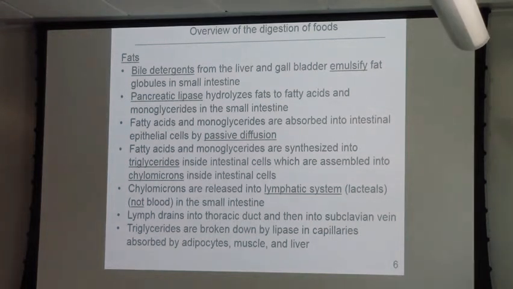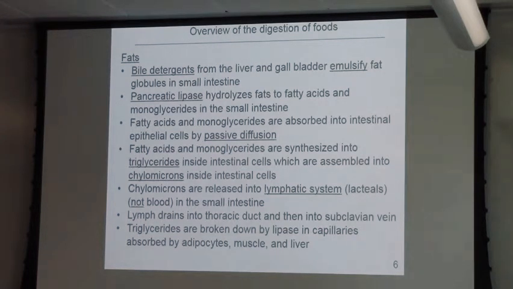You take a glob of Crisco and you eat it. Your mouth breaks it up mechanically but doesn't do anything enzymatically. Your stomach churns it around, and the acid might help digest the fat a little bit, but doesn't really do anything chemically.